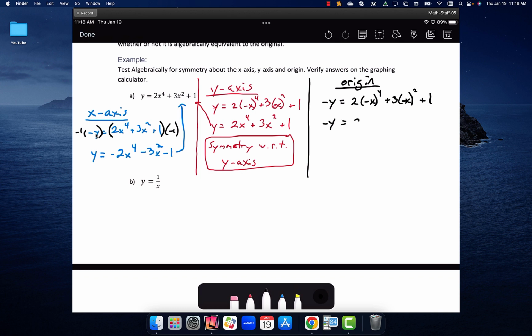Negative y is equal to 2x to the fourth plus 3x squared plus 1. Again, we'll multiply both sides by negative 1 to force y to be positive. And we get y equals negative 2x to the fourth minus 3x squared minus 1, which is not what we started with, so we know it's not symmetric about the origin.